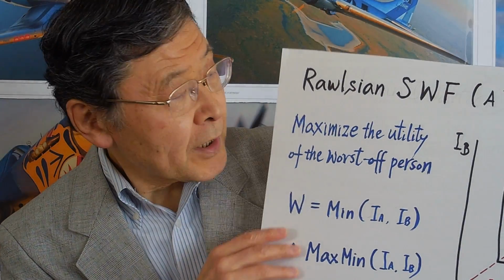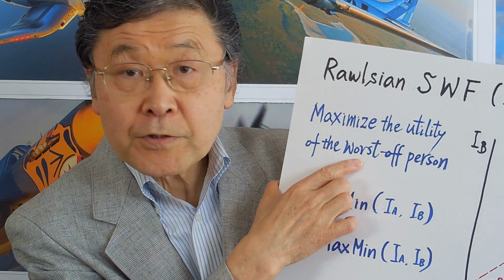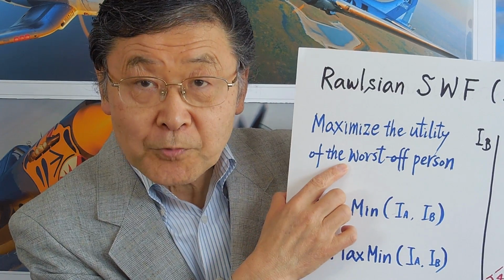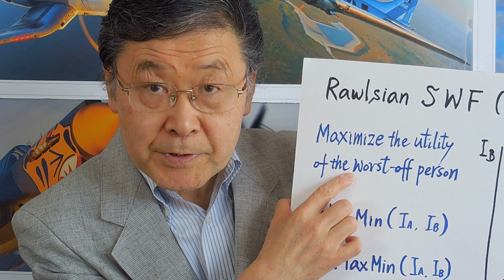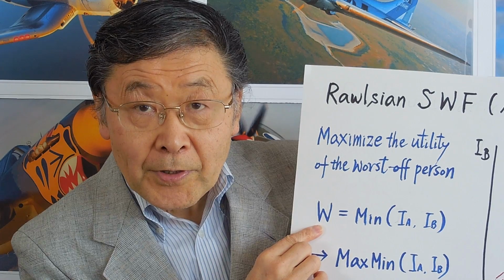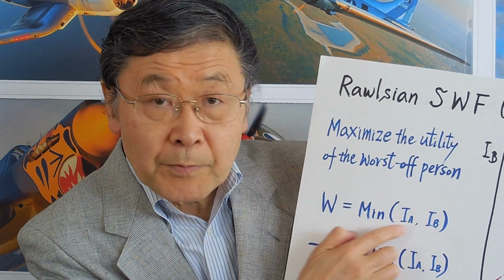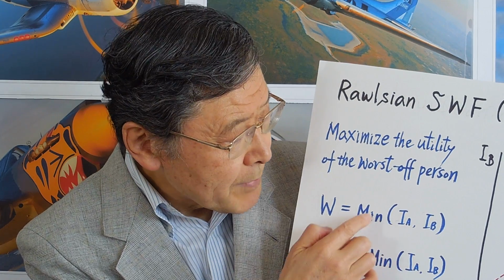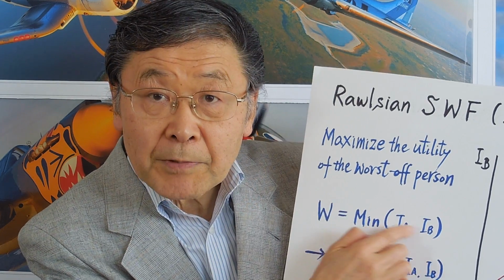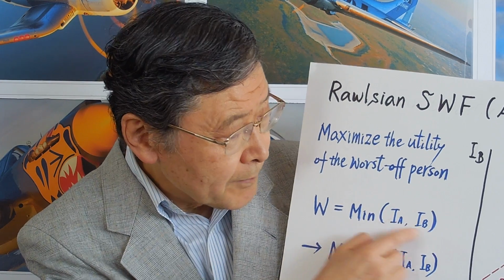Society should maximize the utility or income of the worst-off person. What is this worst-off person? The poorest person. So the social welfare level is really the level of the income of the poorest person. That's the minimum of these two income levels in the case of a two-person economy.